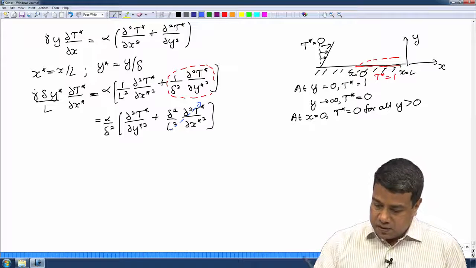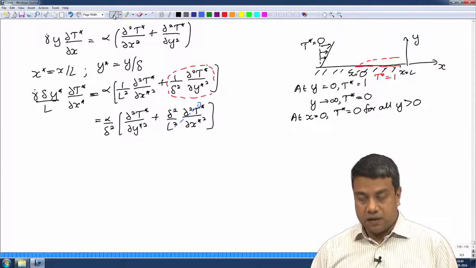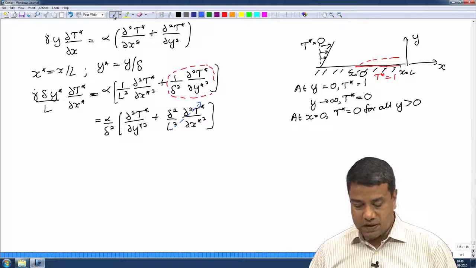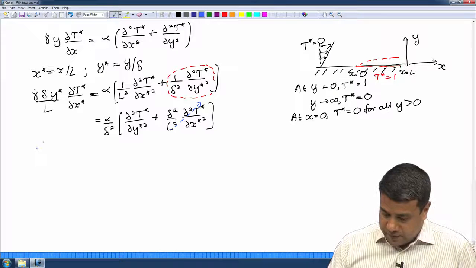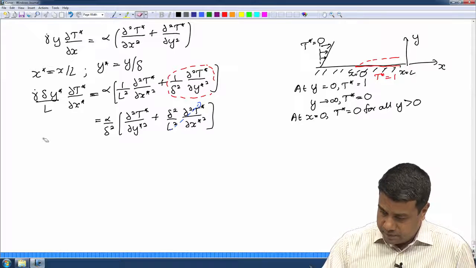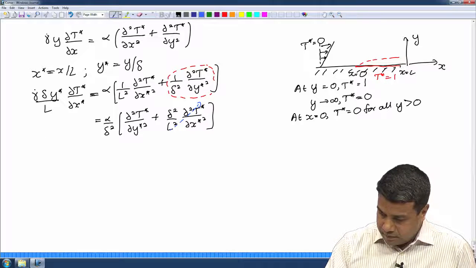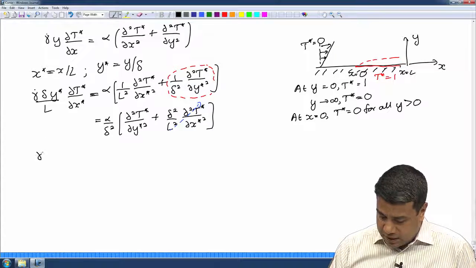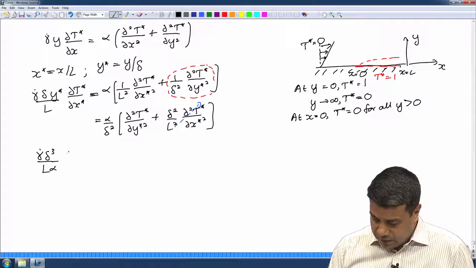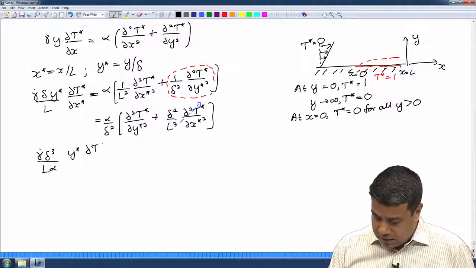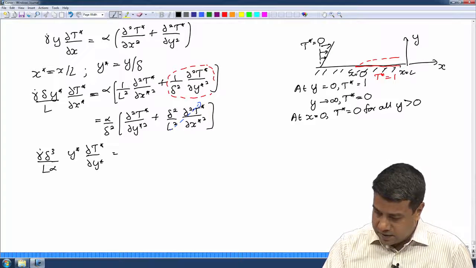Okay. So, now I can scale the equation. Okay. I can divide throughout by alpha by delta square. Okay. And what I will get is that gamma dot delta cubed by L alpha y star partial t by partial x star is equal, I am sorry, x.